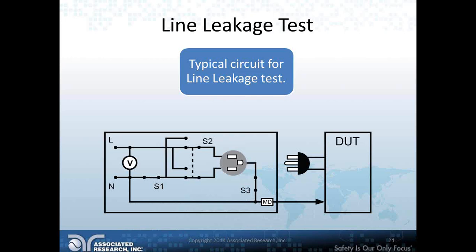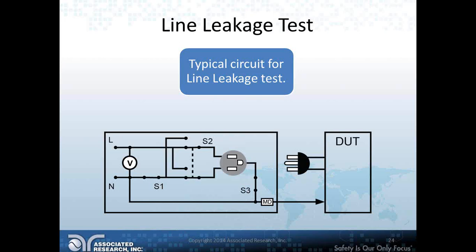These are used to simulate or insert fault conditions during the line leakage test, such as open neutral, reverse polarity, or open ground. These conditions can be inserted during a line leakage test to make leakage current measurements.